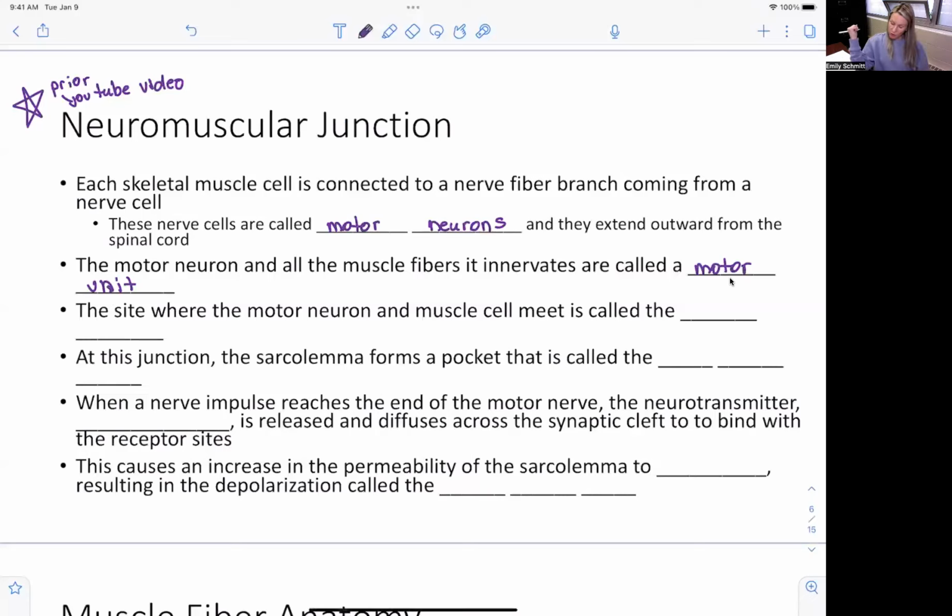The site where the motor neuron and the muscle cell meet is called the neuromuscular junction. At this junction, the sarcolemma forms a pocket that is called the motor end plate. When a nerve impulse reaches the end of the motor nerve, the neurotransmitter acetylcholine is released.